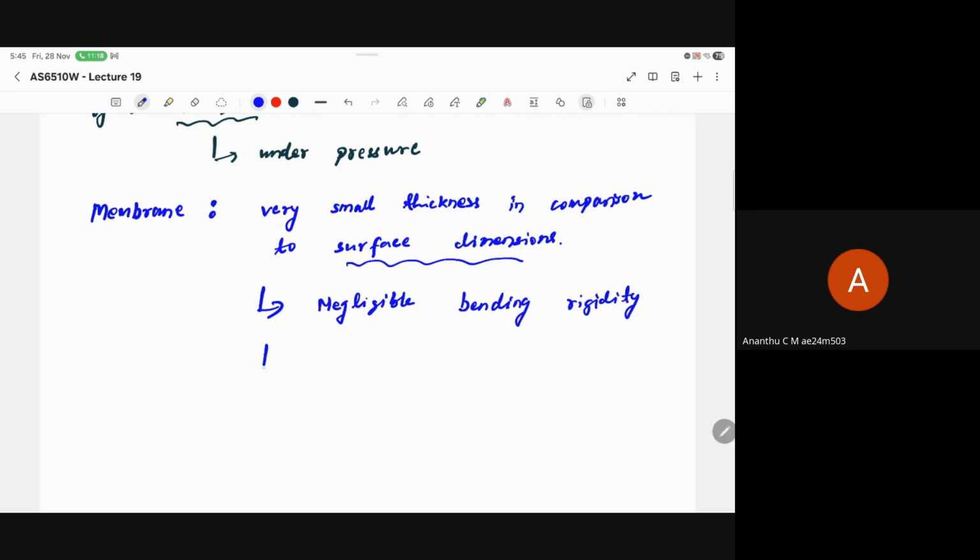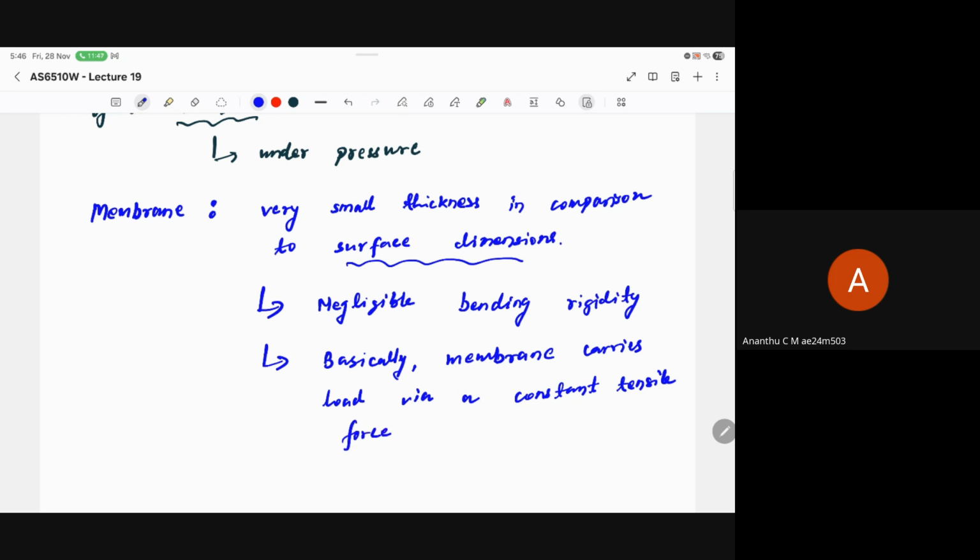Okay, and to write that also, a membrane carries load via a constant tensile force along itself.